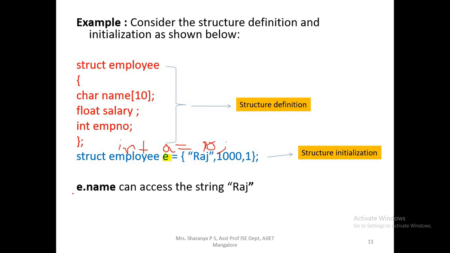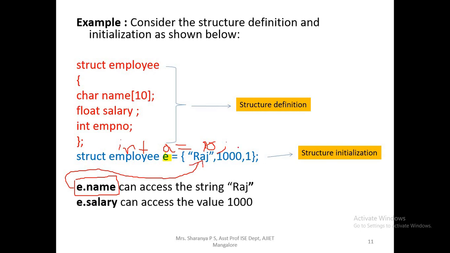So e dot name refers to the employee's name, so it will be referring to Raj. And if I want to access the salary, then I have to mention e dot salary.